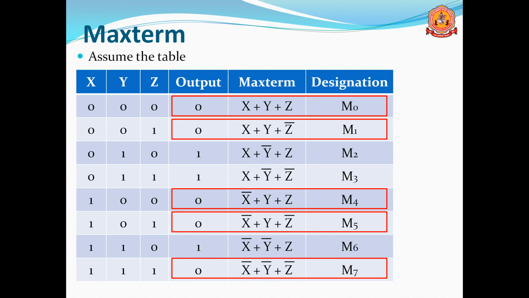These are the 5 inputs which produce output 0. So the equivalent terms are x plus y plus z, x plus y plus z dash, x dash plus y plus z, x dash plus y plus z dash, then x dash plus y dash plus z dash. The designations are M0, M1, M4, M5, M7. These are the terms we should take.